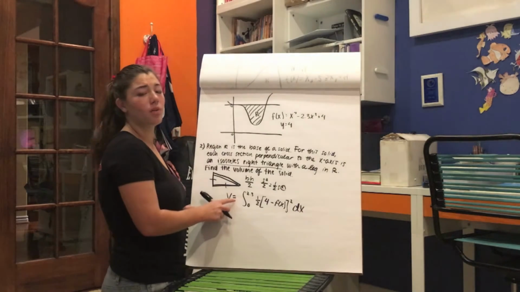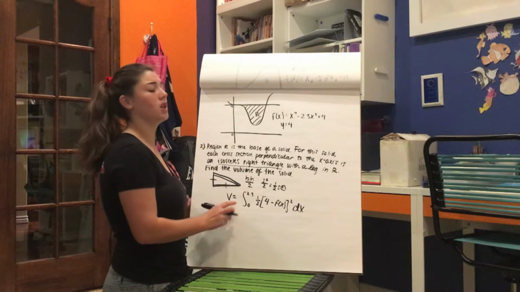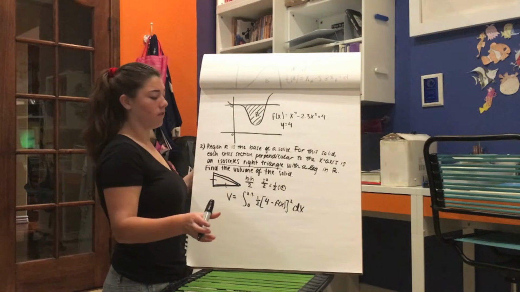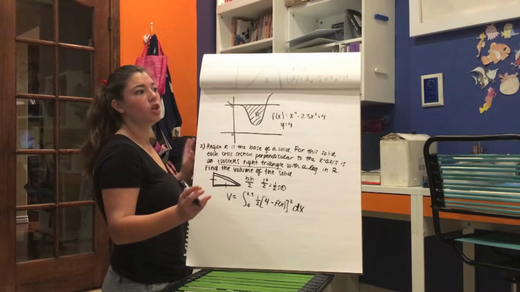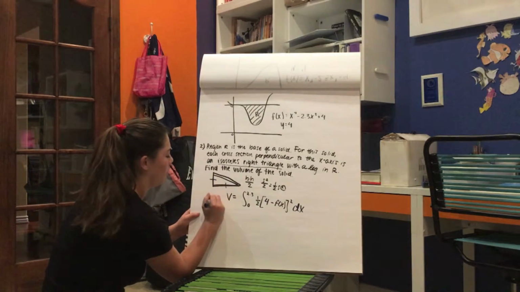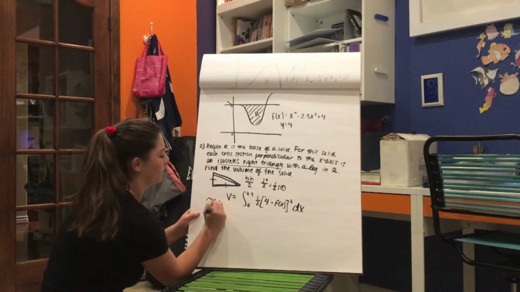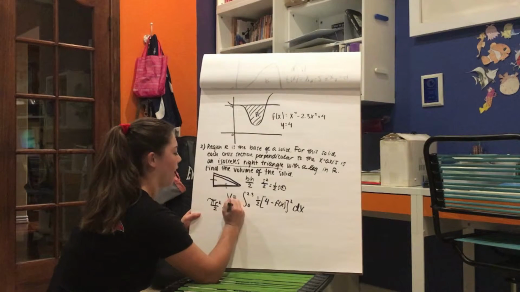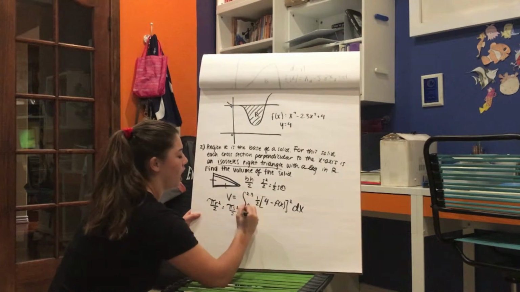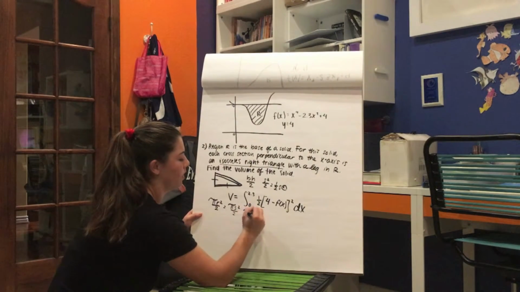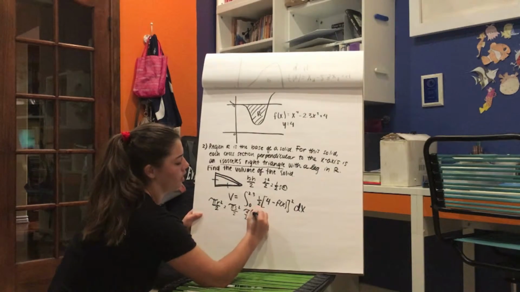You don't have to put a pi in front when you're doing cross sections unless it's the shape that you're looking for. If I were to do semicircles, it would be pi r squared over 2, or pi side squared over 2, and you'd pull out a pi over 2 in front, and then do your region squared.